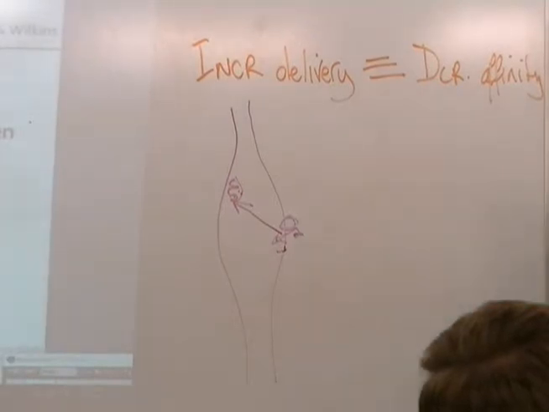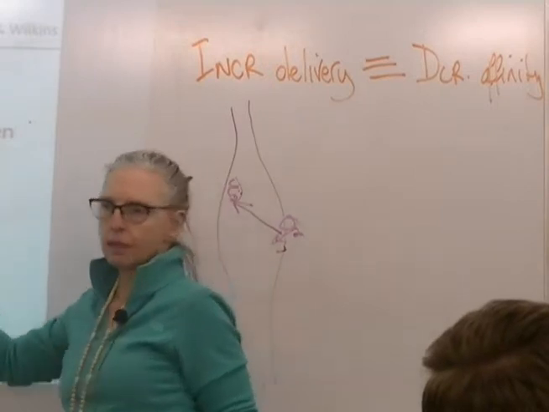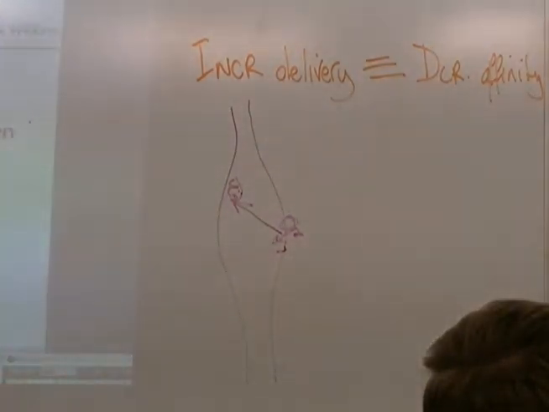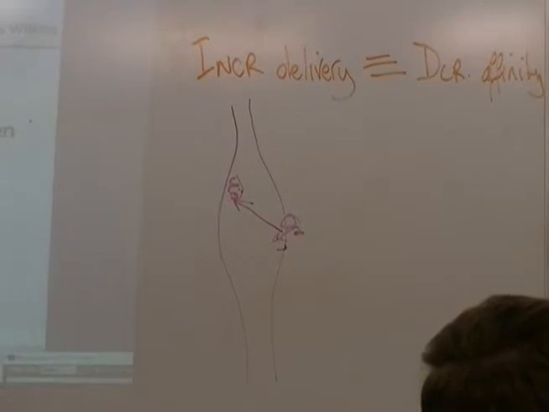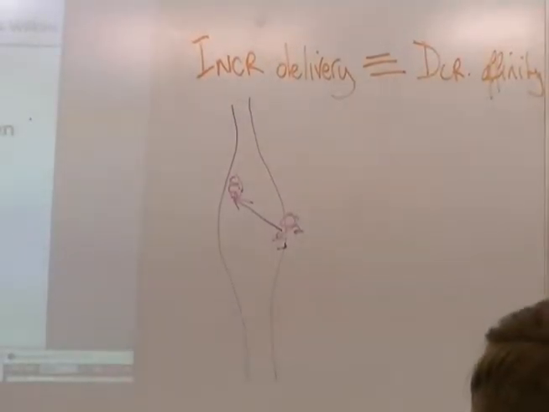Okay, so application question. Which type of muscle fiber has the highest myoglobin content? Type 1. All right, good.